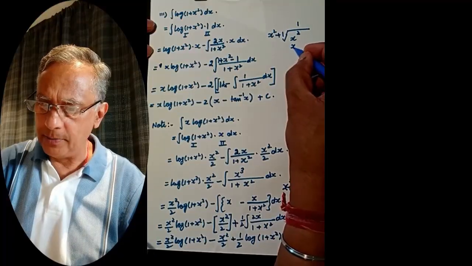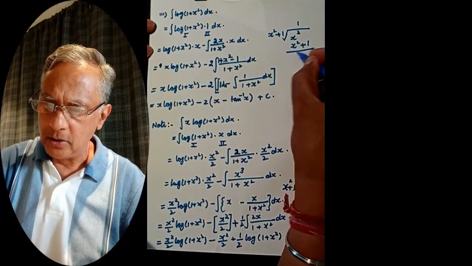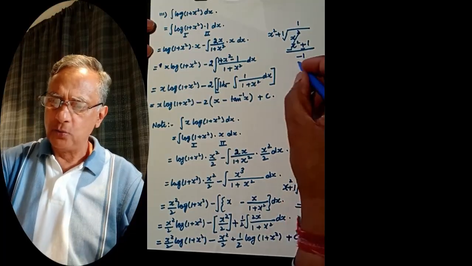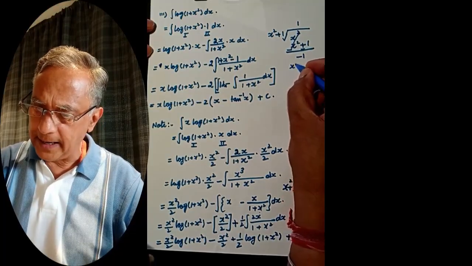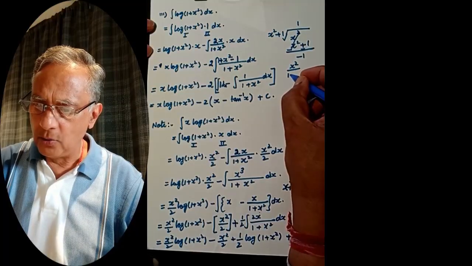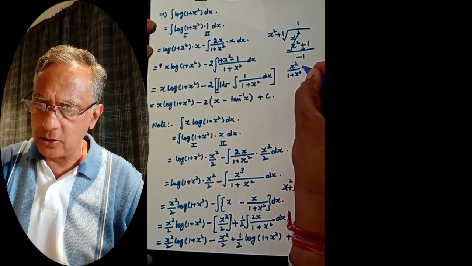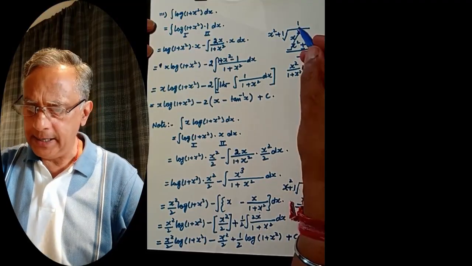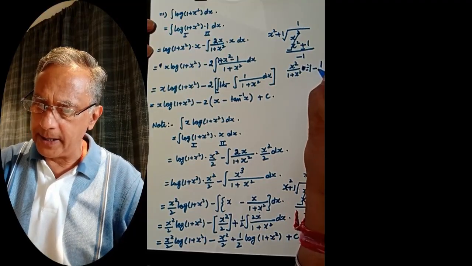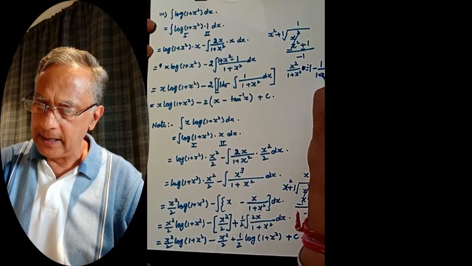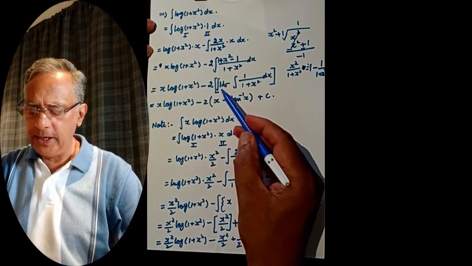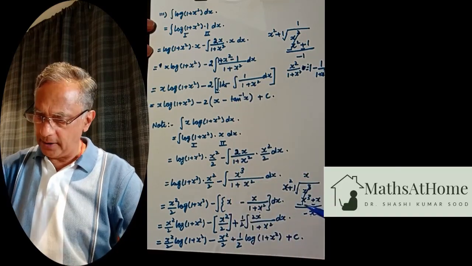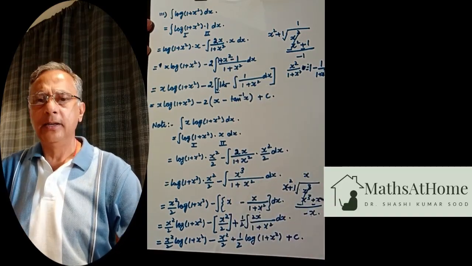So 1, this will be x square plus 1. This is minus, this is minus. This cancels, minus 1. So we can write x square over 1 plus x square as quotient plus remainder over denominator. Quotient is 1, remainder is minus 1 over 1 plus x square. So we reach at this step. We can do it like this or carry out division whenever possible.